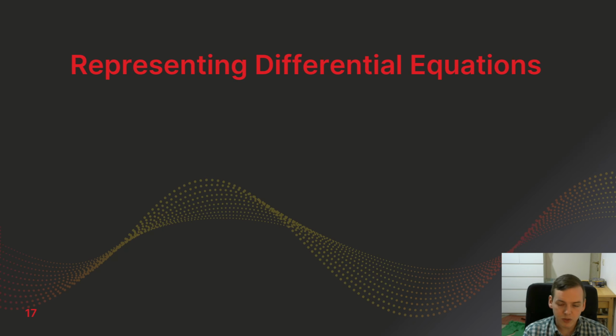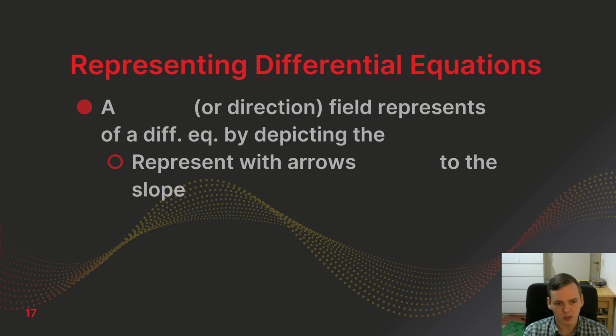So we can use this to represent our differential equations. So a slope field, also sometimes called a direction field, represents the solutions of a differential equation by depicting the slope at every point in space.